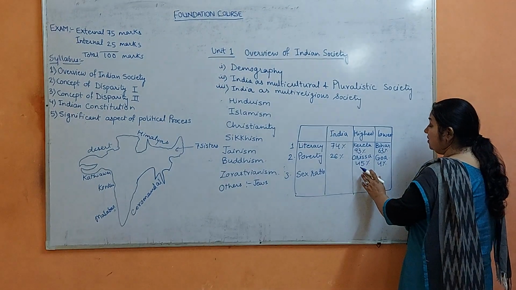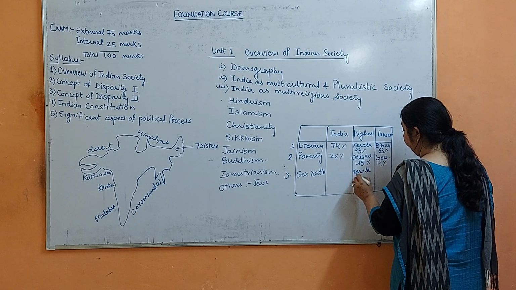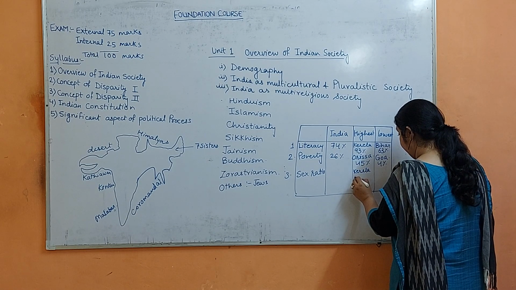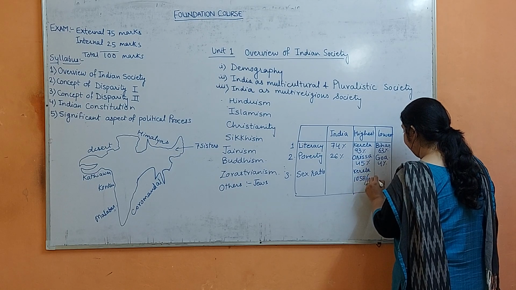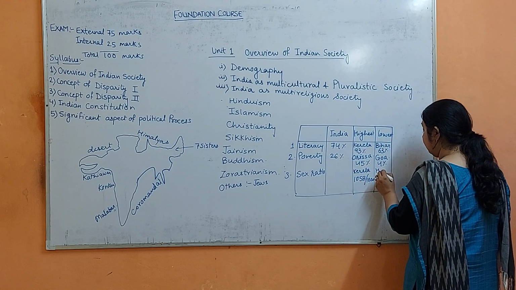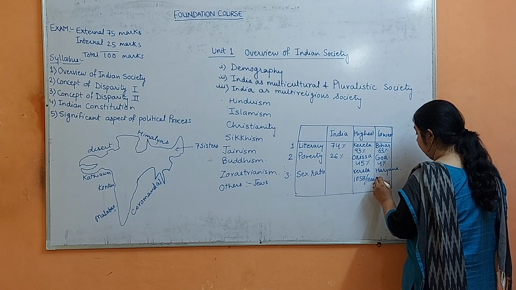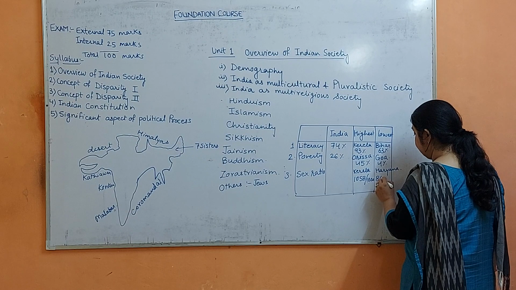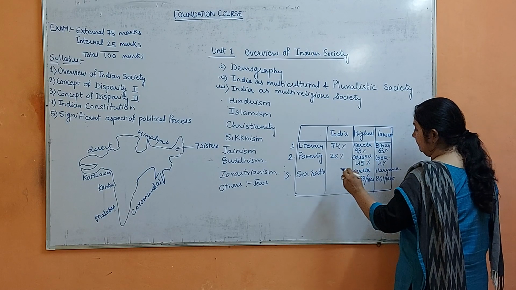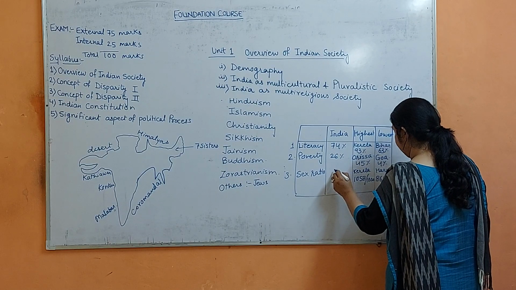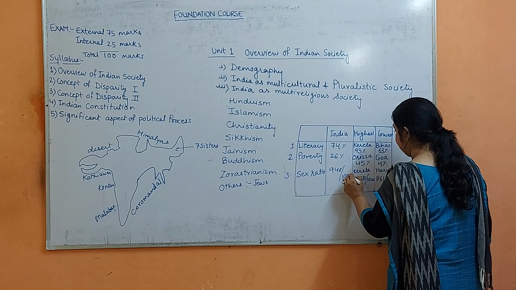So sex ratio is positive in the state of Kerala, where it is 1058 female per 1000 male, and it is lowest in Haryana, which is around 861 per 1000 males, and India's sex ratio is 940 per 1000 males.